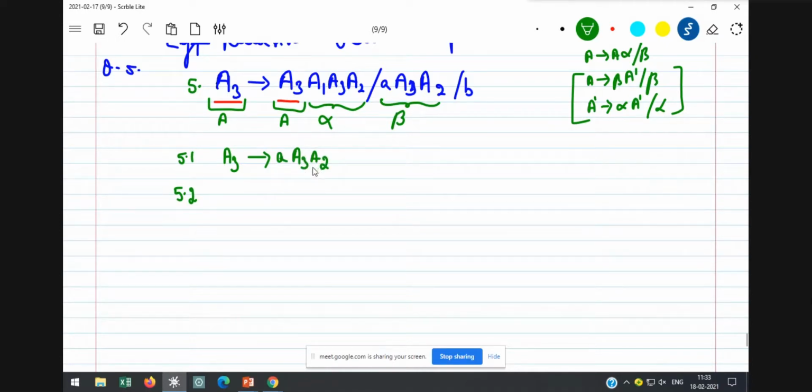After writing beta, I need to introduce one new non-terminal. You can introduce any non-terminal, but the non-terminal where the left recursion occurs has suffix 3. So you have to introduce the new non-terminal in such a way that it has the same suffix as A. That's why I have introduced a new non-terminal B3 here.